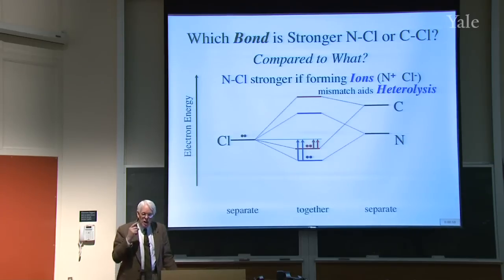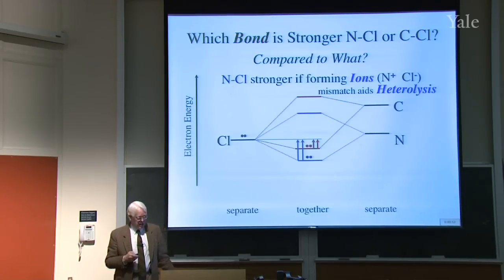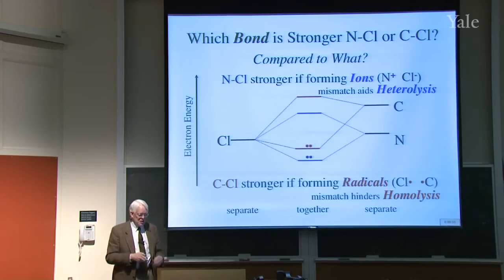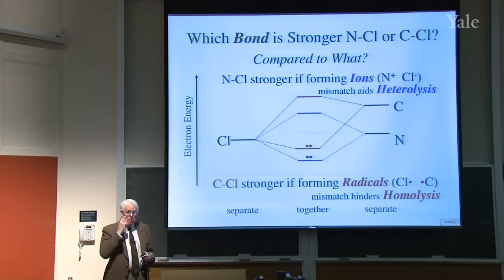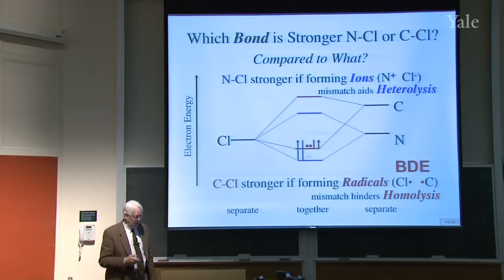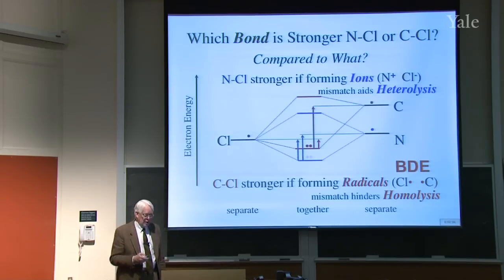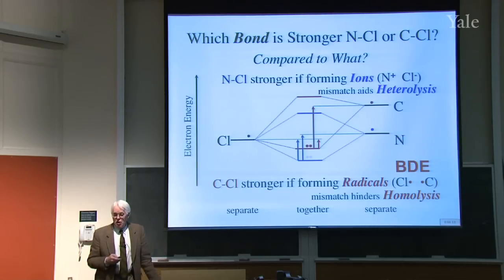But that's not what we're talking about in bond dissociation energy. In bond dissociation energy, we're talking about breaking to two free radicals, where one electron goes on one atom, one goes on the other from the pair. And now, as we talked about early last semester, in terms of bond dissociation energy, or homolysis, the carbon-chlorine bond is stronger, right?